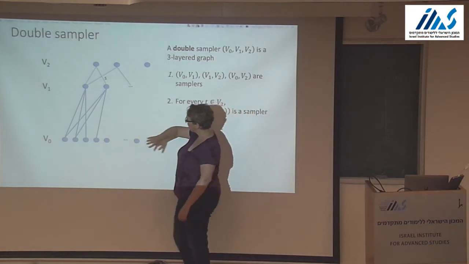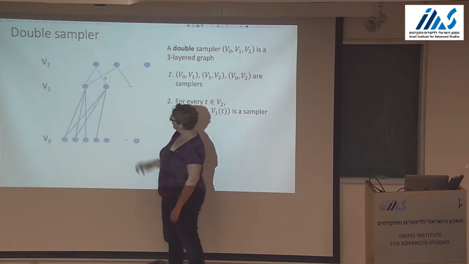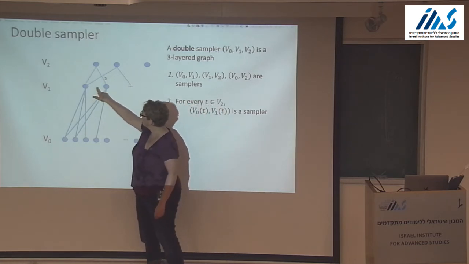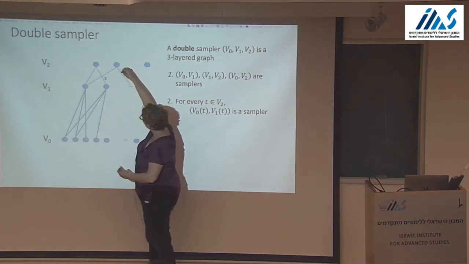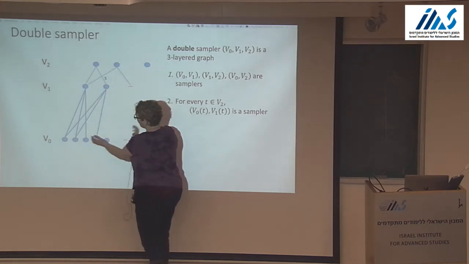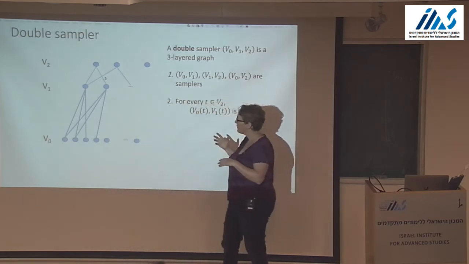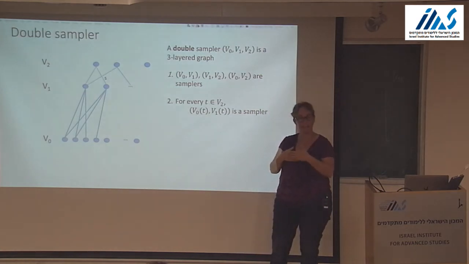Now think if we try to construct such a thing by taking some expander graph here and some expander graph here, it is very likely that these guys don't have any common neighbor. So the bipartite graph induced by looking just at the neighbors of t will look like a bunch of stars. It will be very far from being a sampler. A sampler, you should think of intuitively as something that's like an expander.